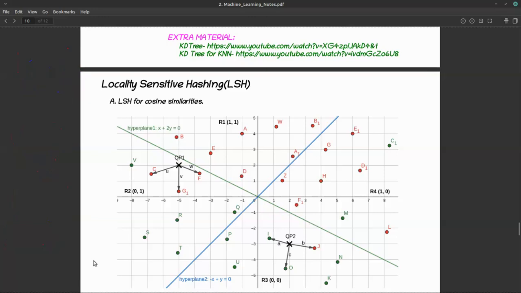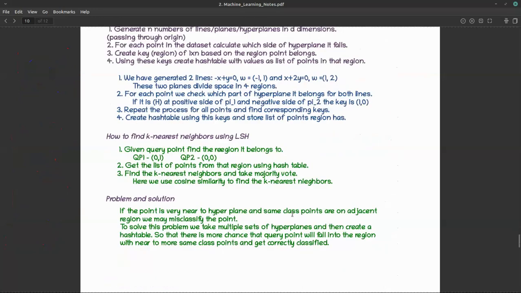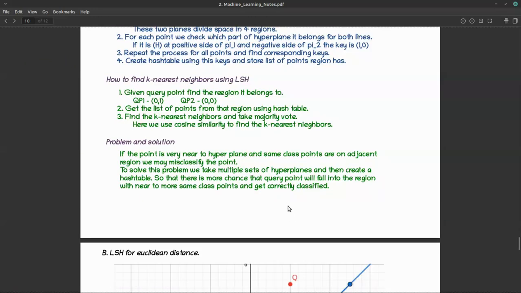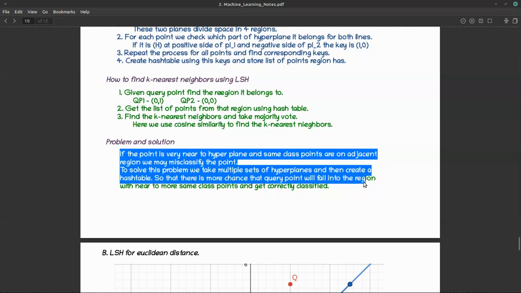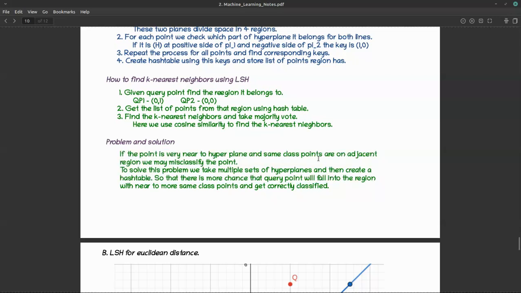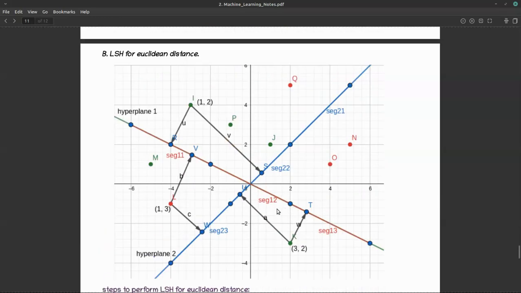So the problem and solution: if a point is very near to the hyperplane, then some class point on the adjacent region may be classified wrongly. To solve this, we take multiple sets of hyperplanes and create the hash tables. That way all the nearest neighbors in the edge case are also included, correct?